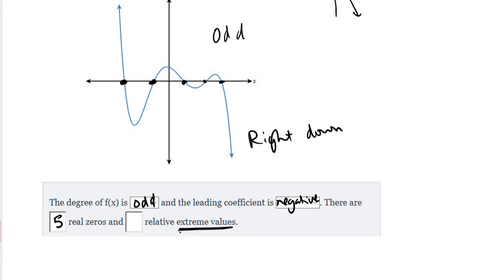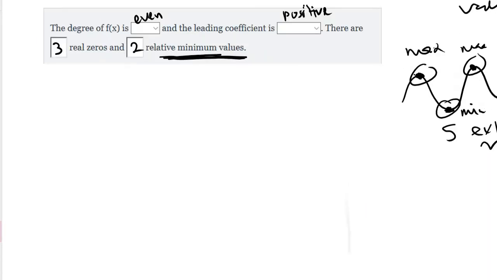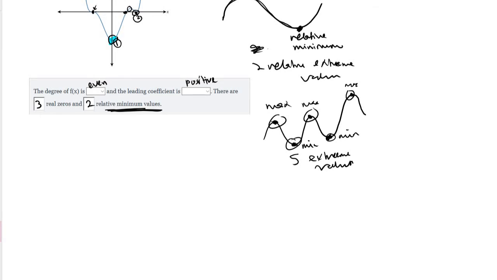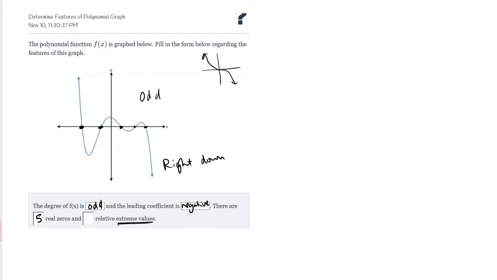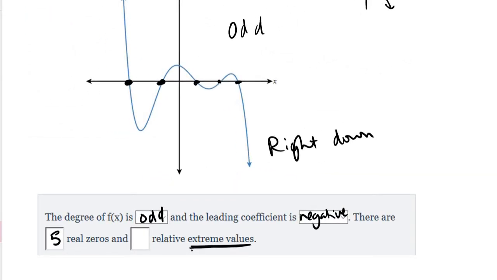And then extreme values. Remember, I showed you extreme values at this example right here. These extreme values are the peaks. You count how many peaks and how many troughs. Let's count them here. I'm going to highlight them. This place is an extreme value, that's 1. Another, that's 2. Another, that's 3.